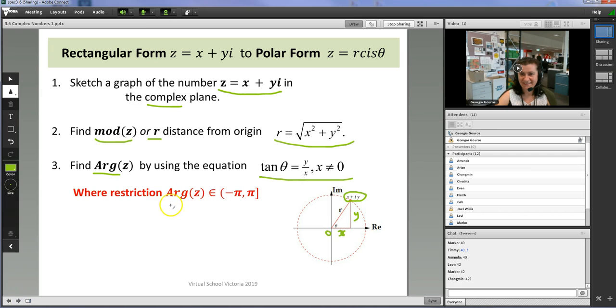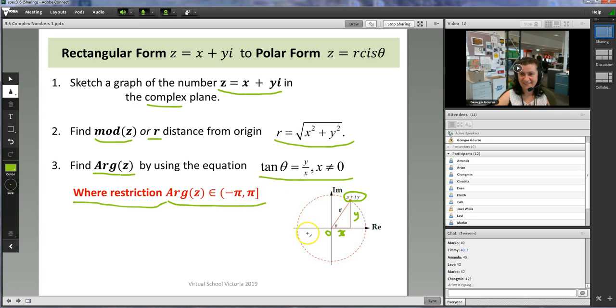This is the domain we need to restrict our angle to, because angles go on forever and ever. We have to restrict when we're talking about the argument of a complex number. We're talking about the angle it makes with the real axis, and it's restricted. Our answer must be within this domain, not including negative pi, and including pi.